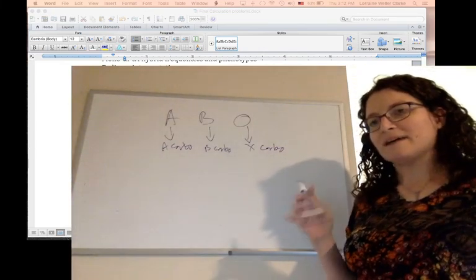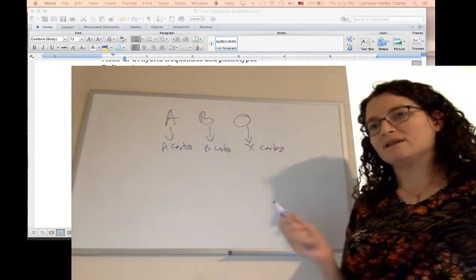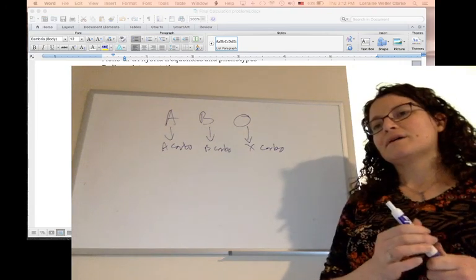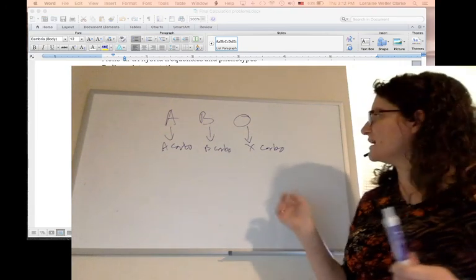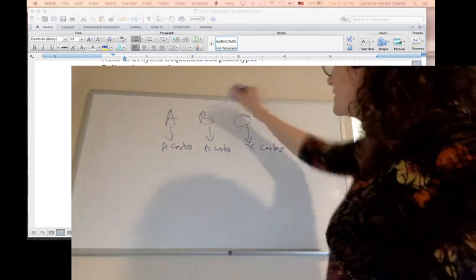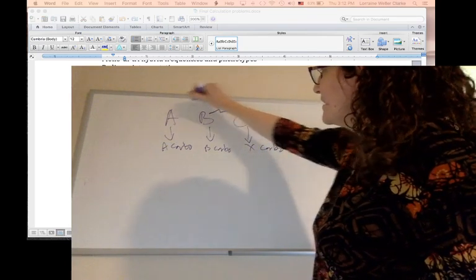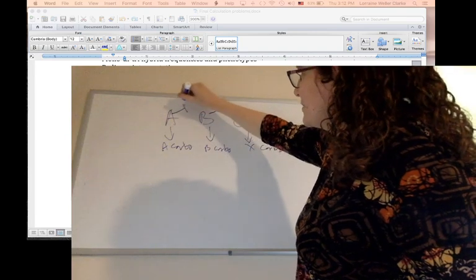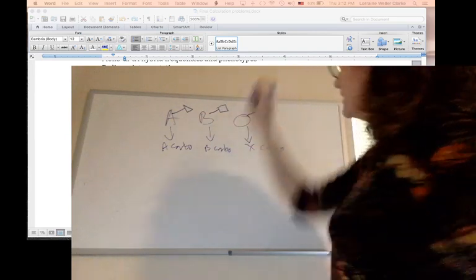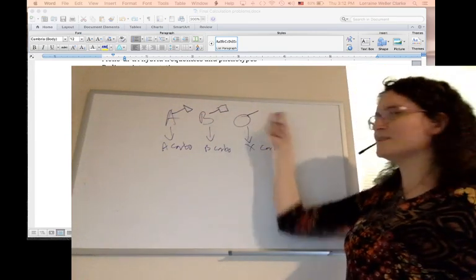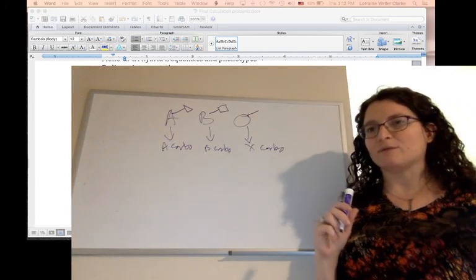Bombay phenotype has to do with a separate one. O, well, it does not have a carbohydrate. So for each one of these, here's this square, here's this triangle. O has a place for the carbohydrate to attach, but no carbohydrate.